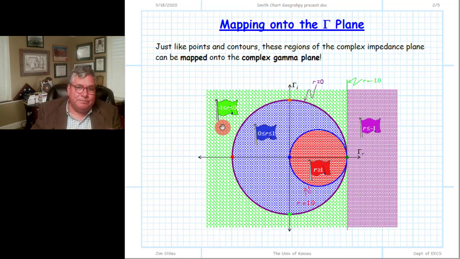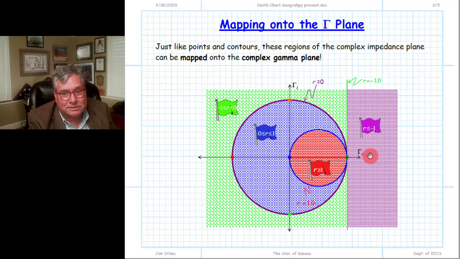It's interesting to note, we pointed out for the complex impedance plane that each of these 4 regions now have a portion that resides in the inductive region and a portion that resides in the capacitive region. And remember, the inductive region on the complex impedance plane is that entire region above the horizontal axis, above the real axis. Likewise, the inductive region on the complex gamma plane is the region above the horizontal axis, above the real axis of gamma.